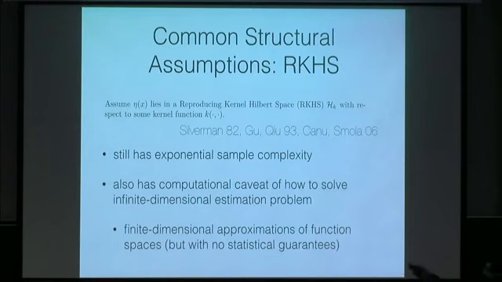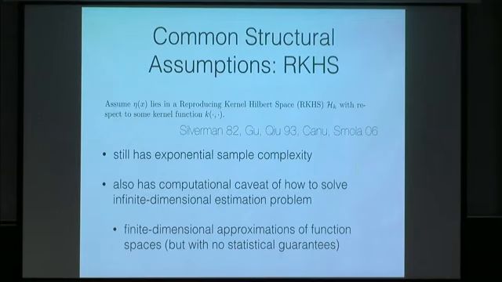So there are computational issues, and the typical way in which people solve this infinite dimensional optimization problem is that they use a finite dimensional approximation to the function space. Now, in many or in most RKHS settings, this is not really an approximation. You have something known as a representer theorem, where you have some finite dimensional representation given the samples which you can solve, but in many of these settings the representer theorem does not hold.